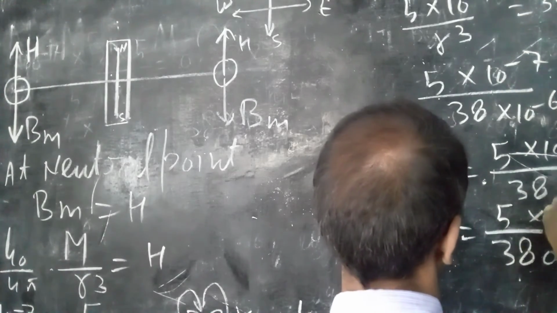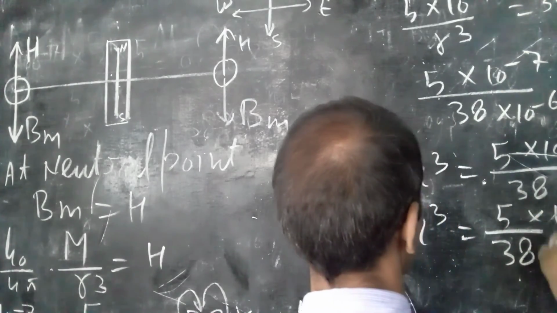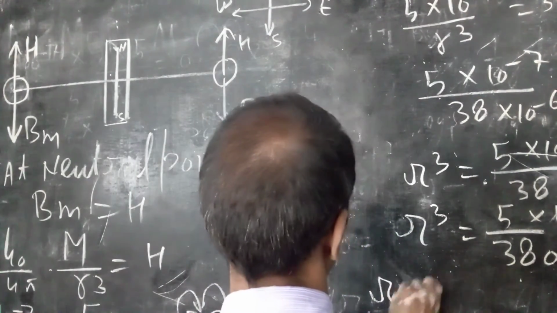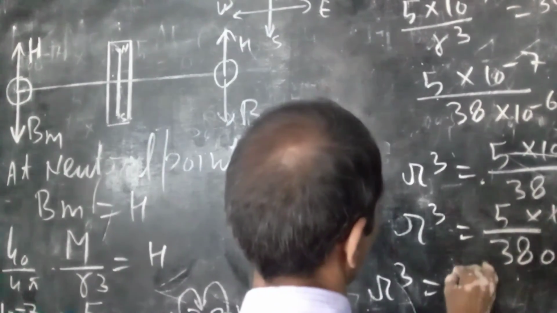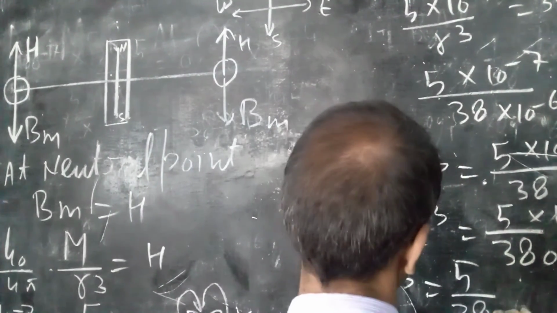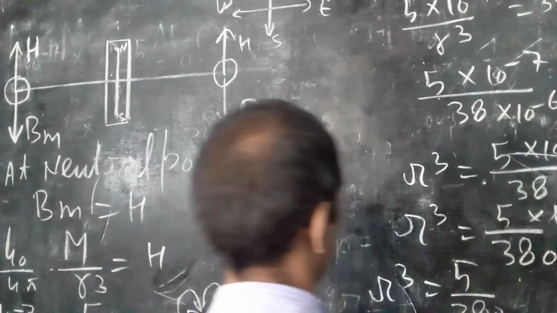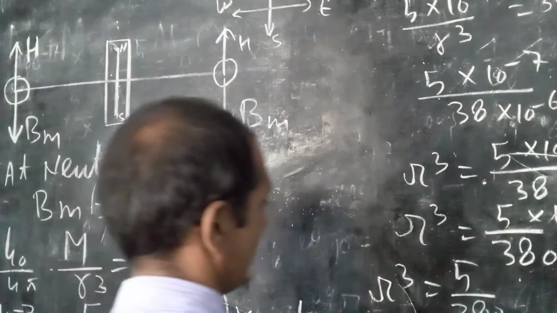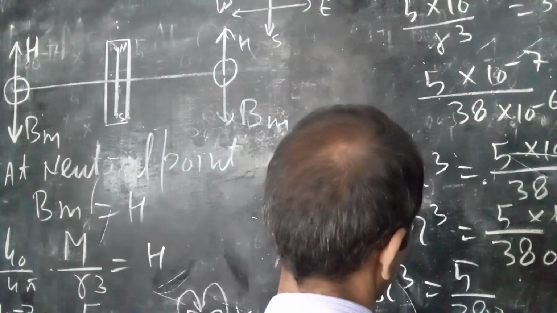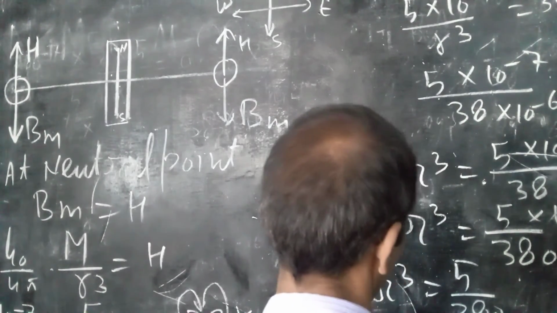Because this becomes 10 to the power minus 1, when you take it in the denominator, it is 380. So r cube is equal to 5 upon 380. Multiplying by 2 in numerator and denominator, r cube is equal to 10 upon 760.